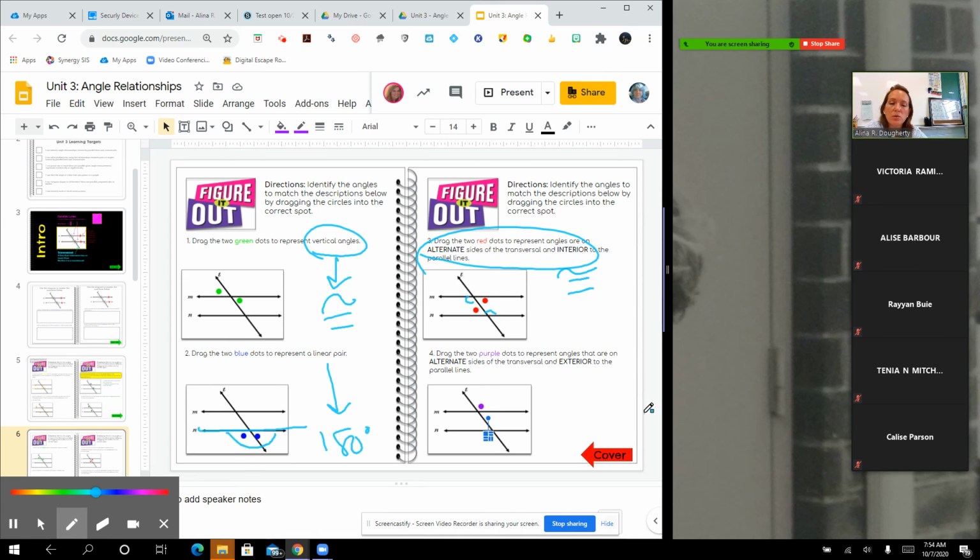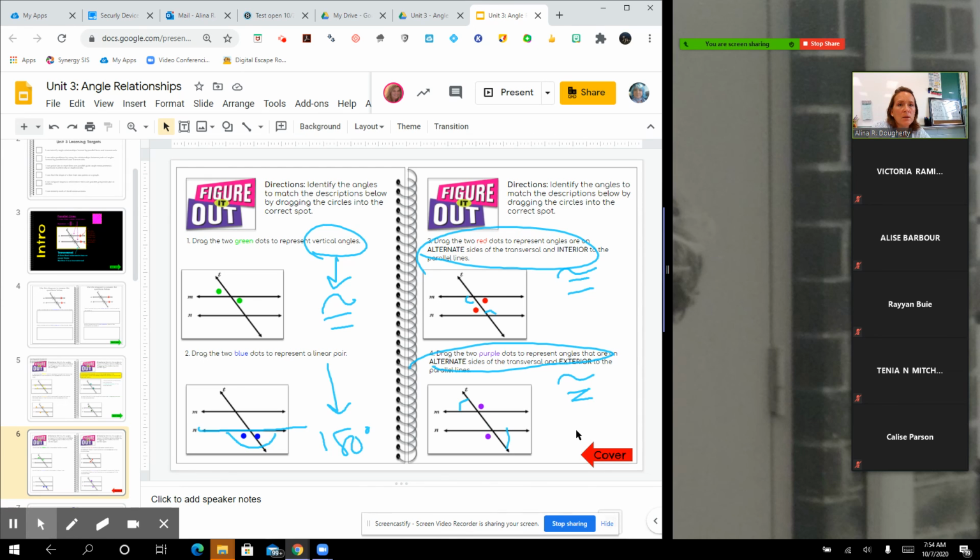These are going to be congruent as well. So alternate exterior are going to be congruent. I could have also chosen those acute angles out there. Any questions on those, ladies and gentlemen? Okay. Now for the fun stuff. Now we get to practice.